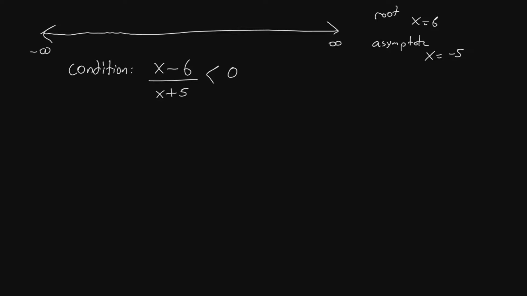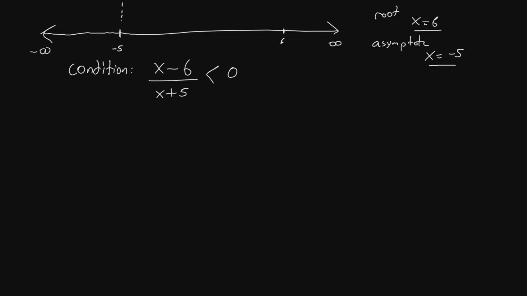Now, our root was x equals 6, and our asymptote was x equals negative 5. So let's place those on the number line. X equals 6 would go somewhere toward the right side. We'll make a little mark for 6, and then we'll put negative 5 somewhere on the left.